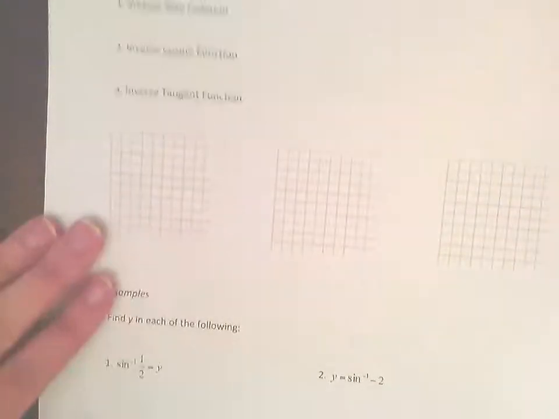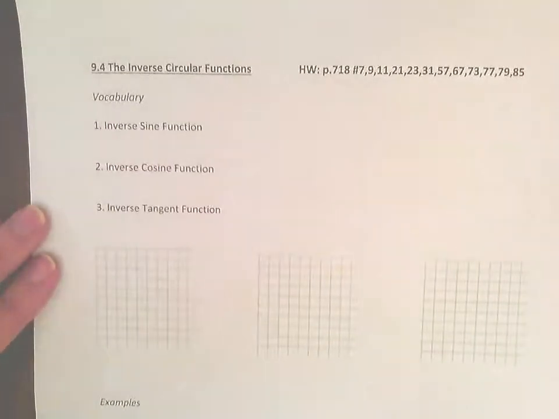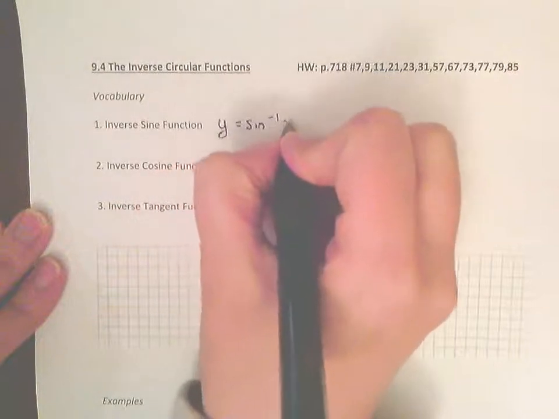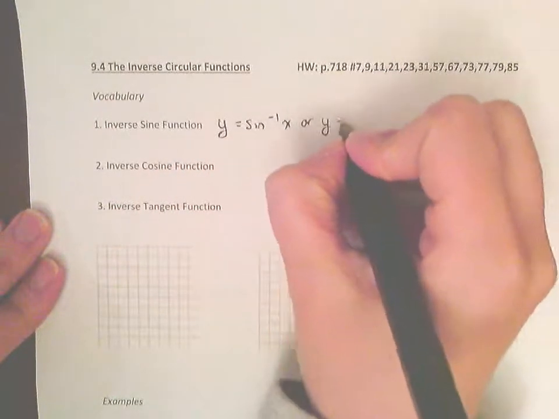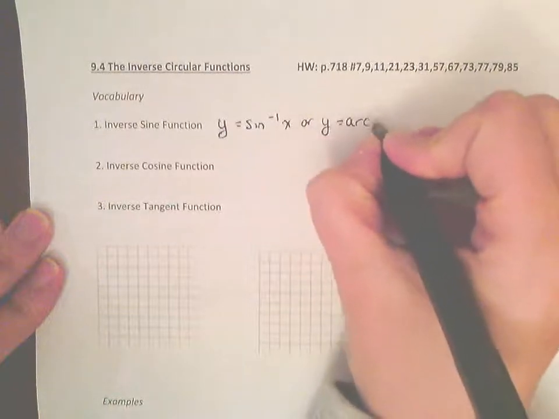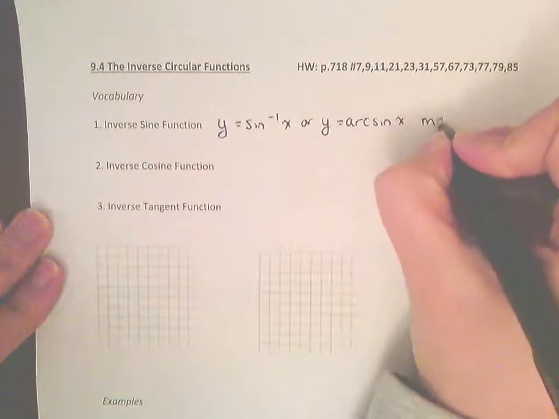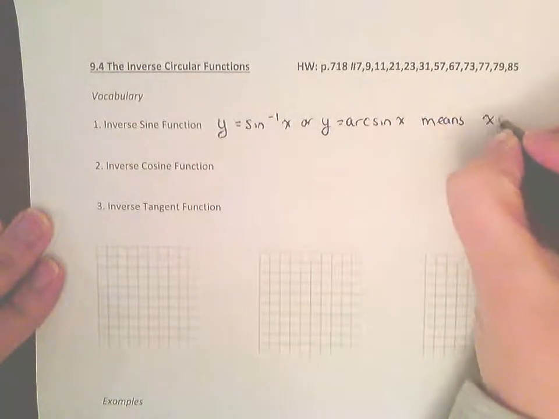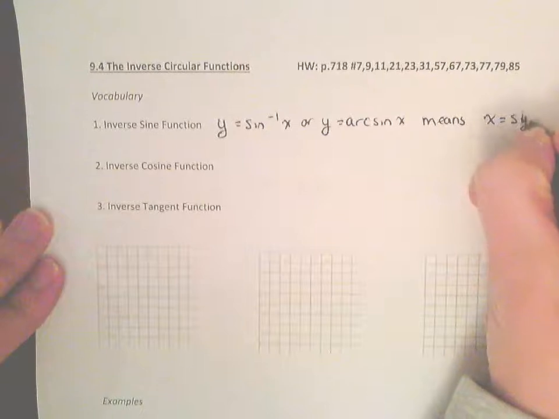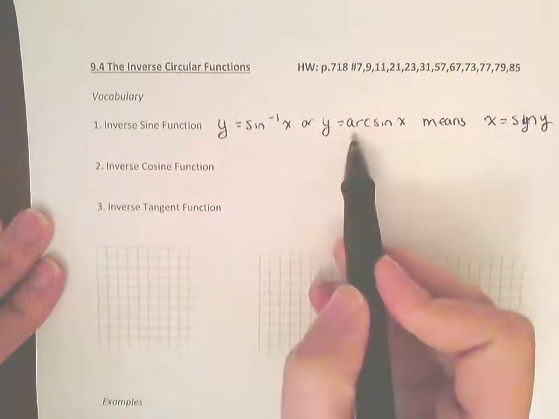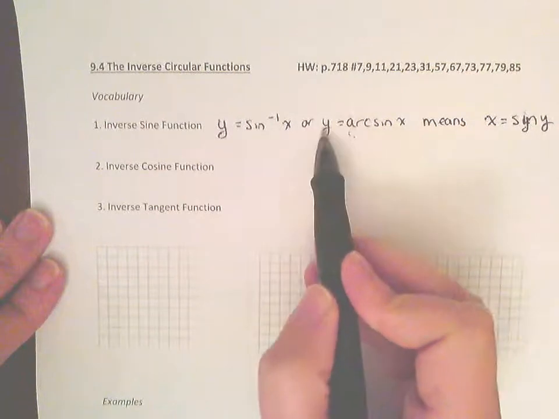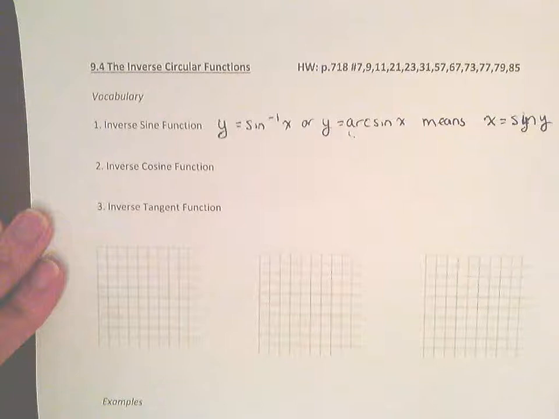So now, knowing that, let's write down our definitions. The inverse sine function is y equals inverse sine of x, or y equals arc sine of x. It means the same thing as saying x equals sine of y. So whenever they say arc sine of x, you're asking yourself, sine of y is equal to x.